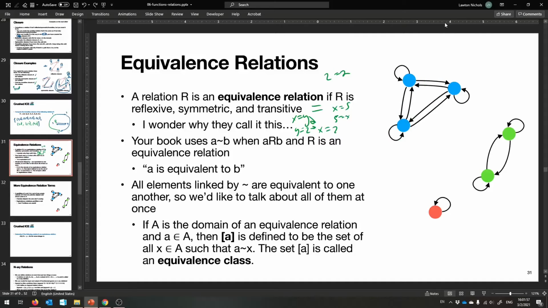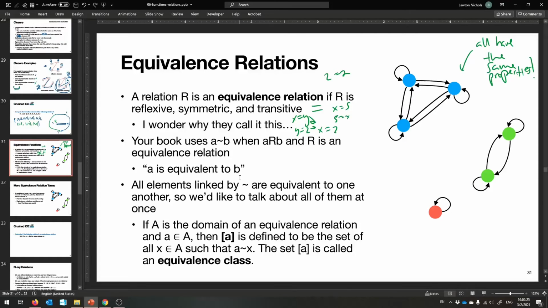All the blue things have the same property, at least as far as the relation is concerned. So they're all interchangeable. Just like if you had x equal to 5, you could say x everywhere, or you could say 5 in its place, and nothing would be any different. They are equivalent. They are replaceable.